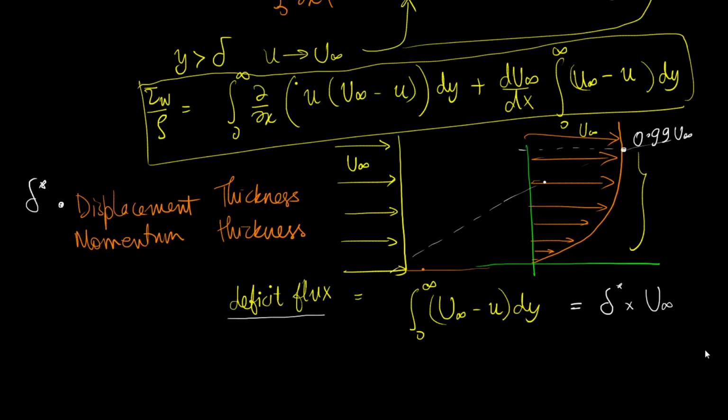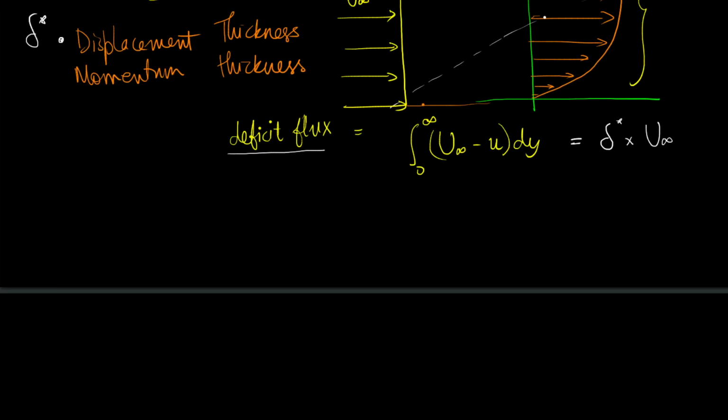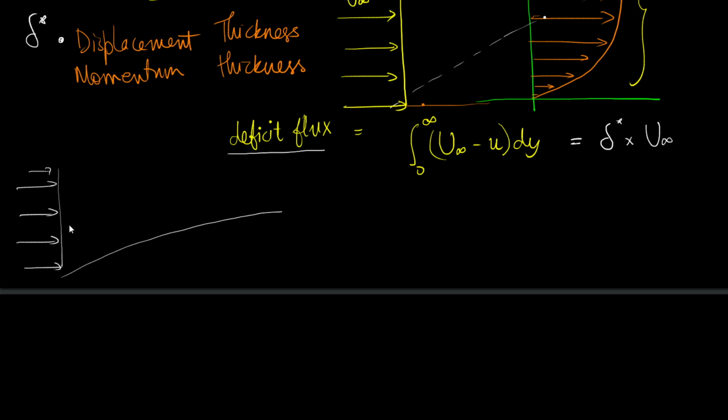In fact, if I draw this schematic, it will be clearer. So this is the boundary layer. This is the incoming free stream velocity. So if I were to imagine this as the control volume, so u infinity comes in, so u infinity times this height.